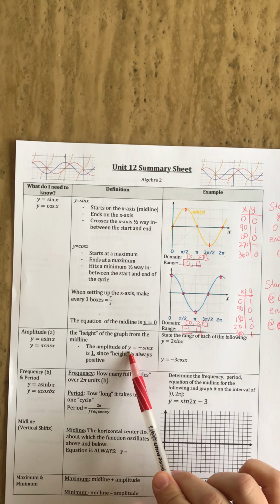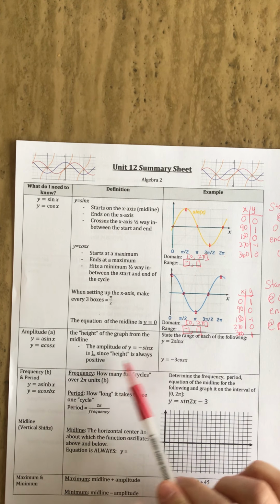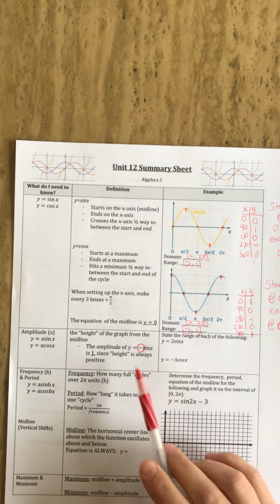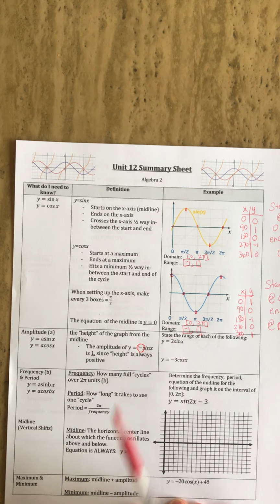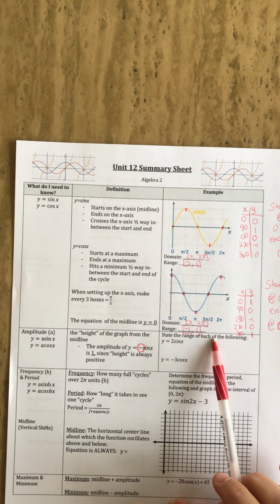The amplitude of y equals negative sine x is 1, since the height is always positive. A lot of kids want to think that that's a negative, but that negative just means that it was reflected. So we want to state the amplitude of each of the following.